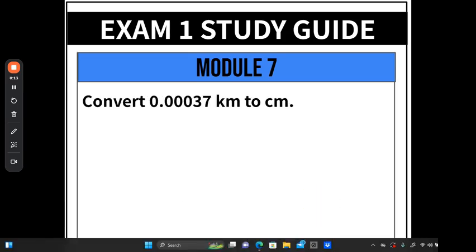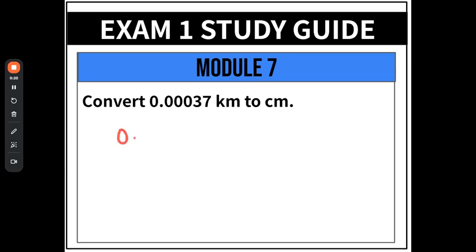So convert this number from kilometers to centimeters. All right, so I'm going to rewrite it. Okay, and remember our little device here is King Henry doesn't usually drink chocolate milk, or whichever version of that you prefer.